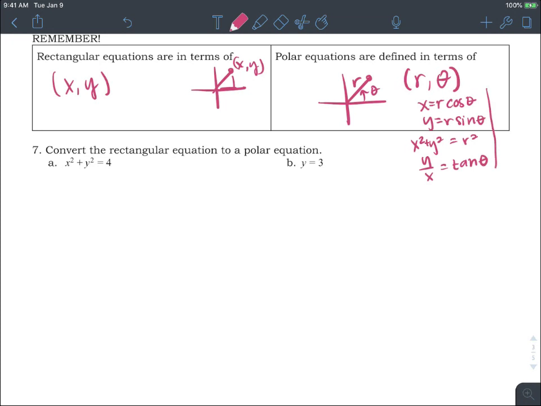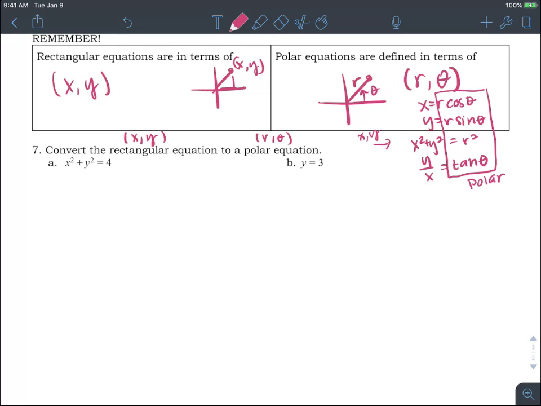So all of this side are written in terms of polars, and all of this left side is written in terms of x and y, or rectangular. So we're looking for substitutions we can make so that we can turn our rectangular equation into a polar equation, so in terms of r and theta.